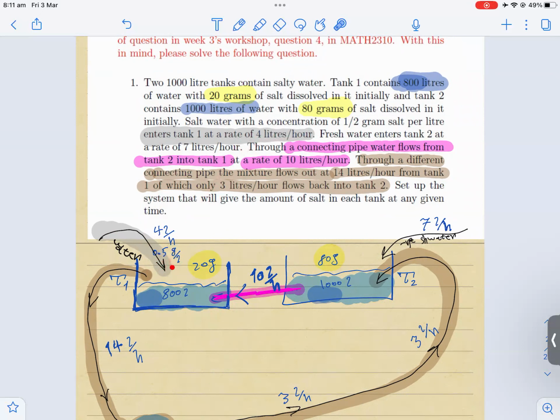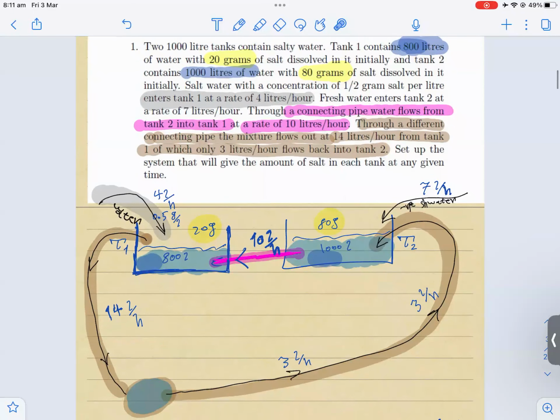Okay, it's here. There is a connecting pipe. Water flows from tank 2 going to tank 1, at 10 liters per hour. Okay, the pink one. And the direction of the pipes is obvious. And the brownish information: through a different connecting pipe, the mixture flows out 14 liters per hour from tank 1.